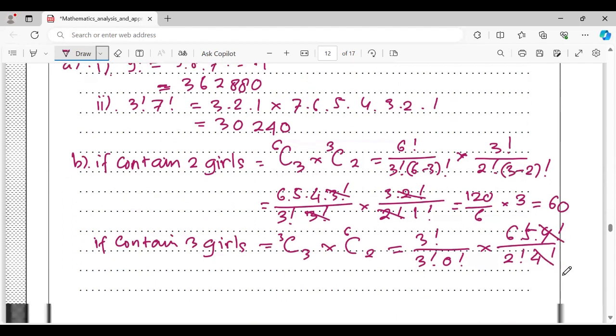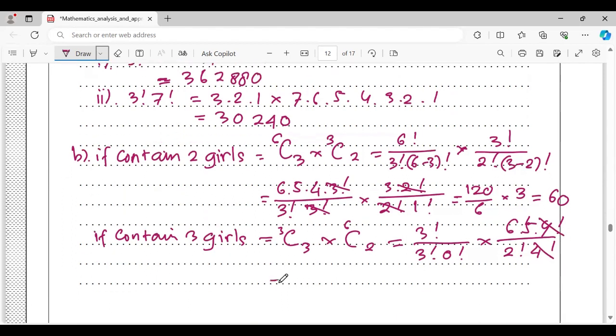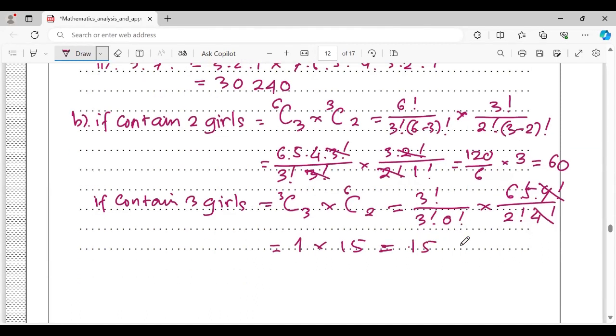It becomes 1 times 30 over 2, which is 15.